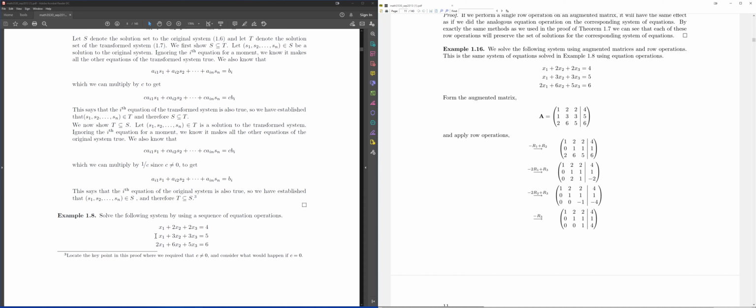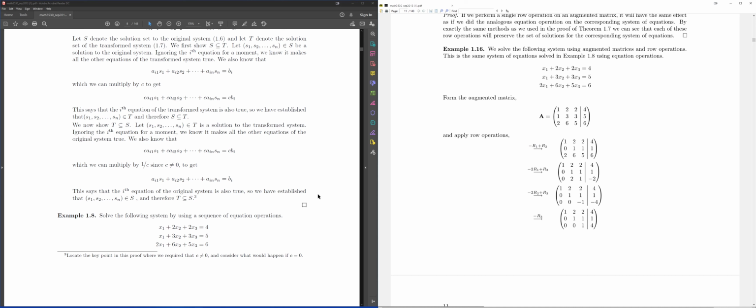So what did we do? The first thing is we got rid of this x1 by multiplying throughout by -1. So you took -1 times this equation and then added it to the second equation. That's what I'm going to do over here: take -1 times this row and add it to the second row. I'm doing essentially the same thing, and I have this little notation over here: minus row 1 plus row 2.